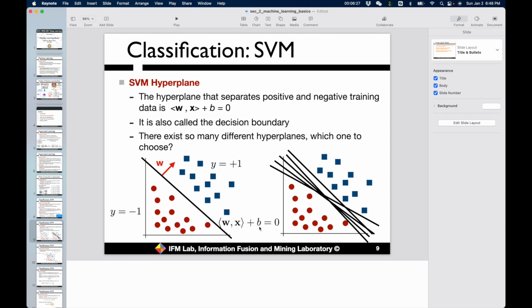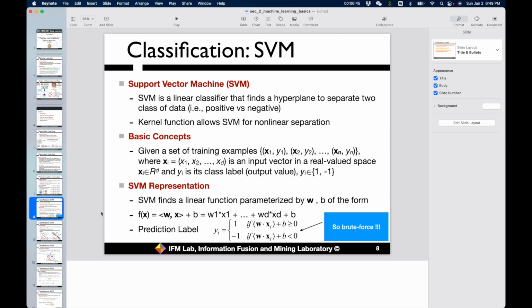How about this b? This b denotes the bias, right? The bias or the gap of this line to the origin. So right now you can see why we define this mapping in this way as w x plus b to define f(x).